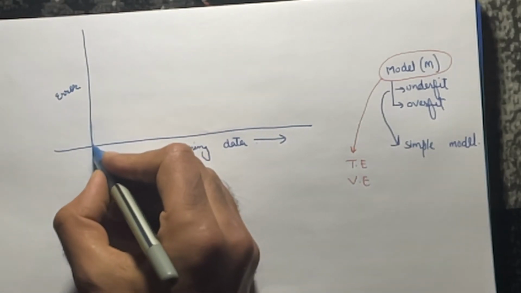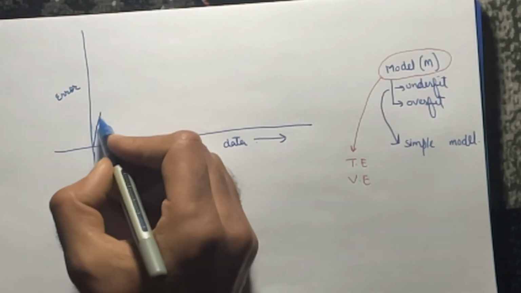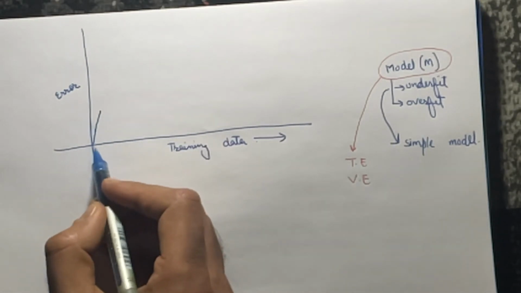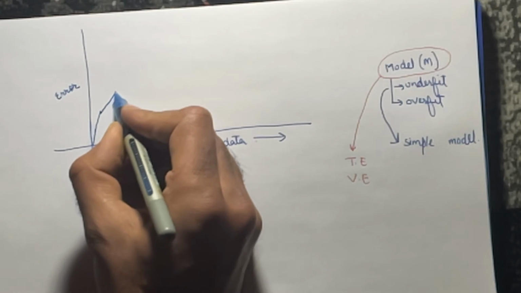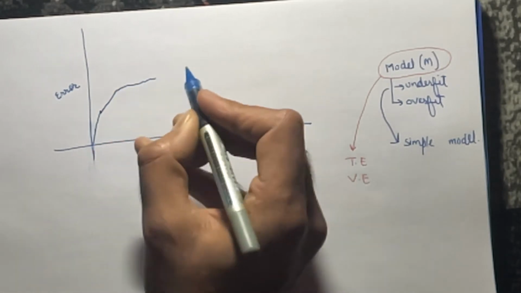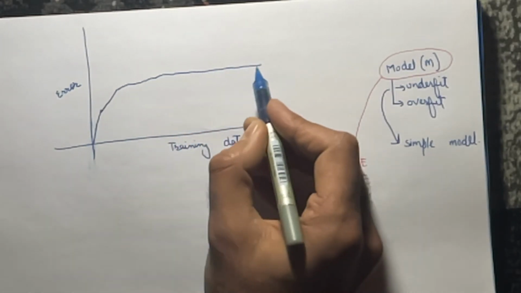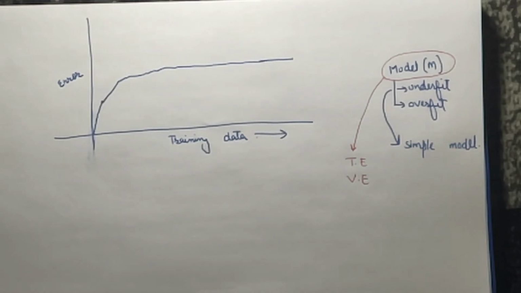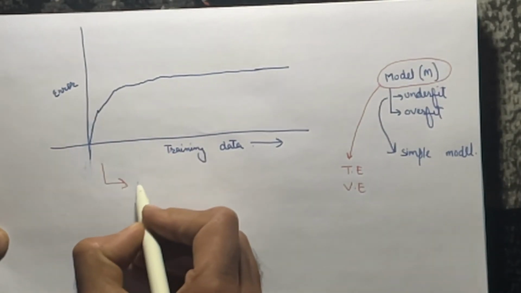Initially the training error is very low, starting from 0, but eventually it goes on increasing, and after some time it neither increases nor decreases; it saturates. But you have to understand that this particular graph is for when the model underfits.